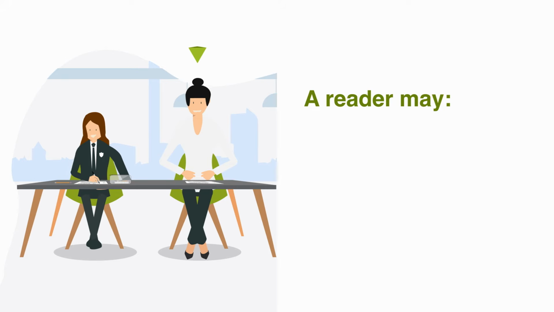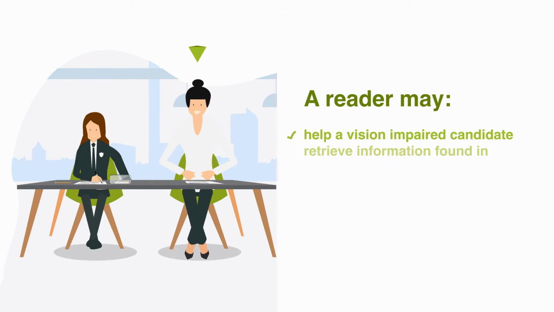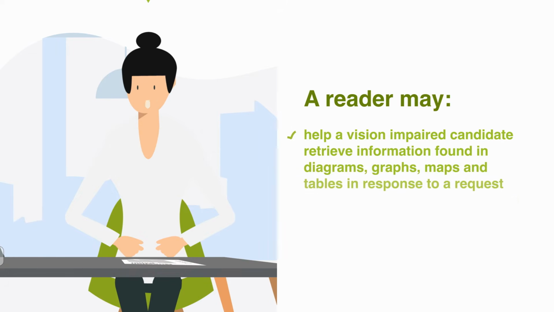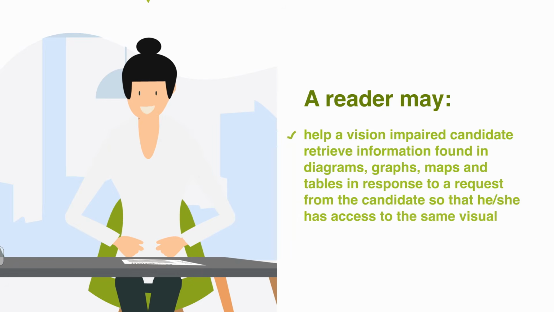A reader may, dependent on factors including the candidate's needs or normal way of working, help a vision-impaired candidate retrieve information found in diagrams, graphs, maps, and tables in response to a request from the candidate so that he or she has access to the same visual information as a sighted candidate.